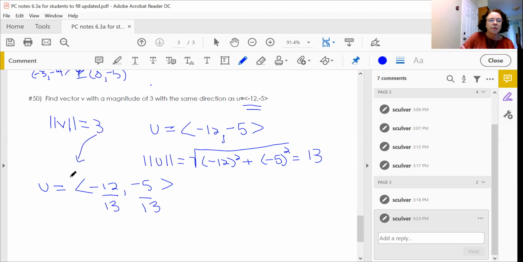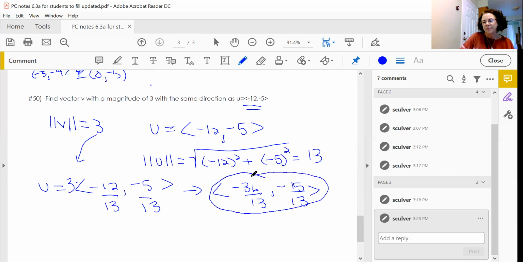So if I just multiply it by 3, I've now forced it to be 3 units long. So this vector would be -36/13, comma, -15/13. This is the vector with the same direction as u, but has a magnitude of 3.